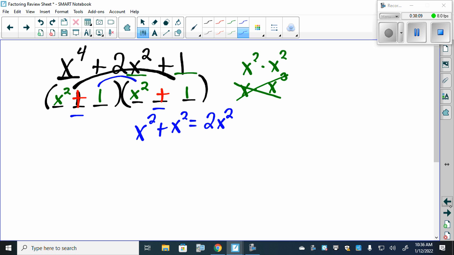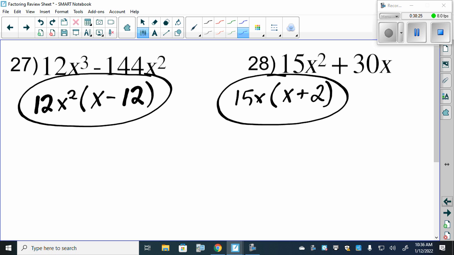Any other questions on any part of the review? I will say for certain that there are not going to be any that are not factorable, like on the homework where you could not pull out a greatest common factor, kind of like these two here or some of the others.